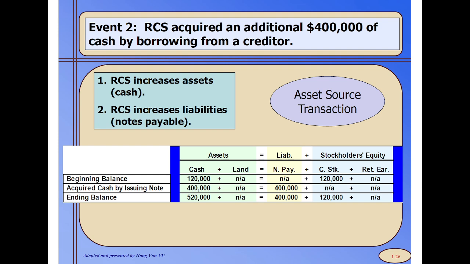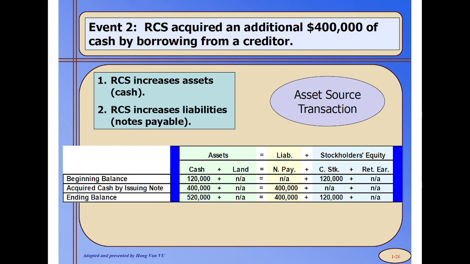So here we can see that the company increases its assets, cash, by 400,000. Here we mentioned that it acquires cash by issuing a note. It means that they have to issue a note payable. It means the paper that shows on which day I borrowed 400,000 from you, the interest rate, etc., and how much I have to pay you after a period of time. So we call it the note payable.